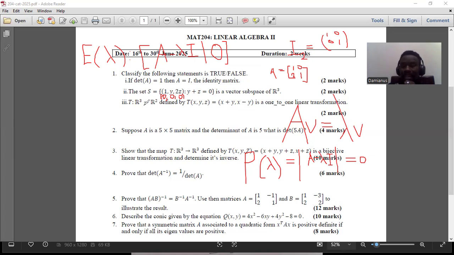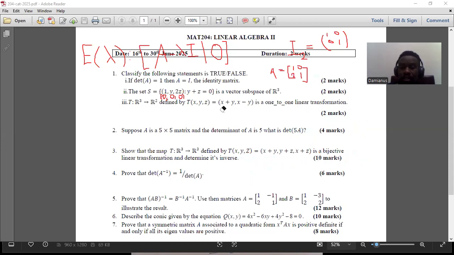Now, number 3 is a little bit tricky. I ask you guys to read about onto and one-to-one linear transformations, but in this case, you are asked to show or check whether this linear transformation is onto. Now, what does that mean?